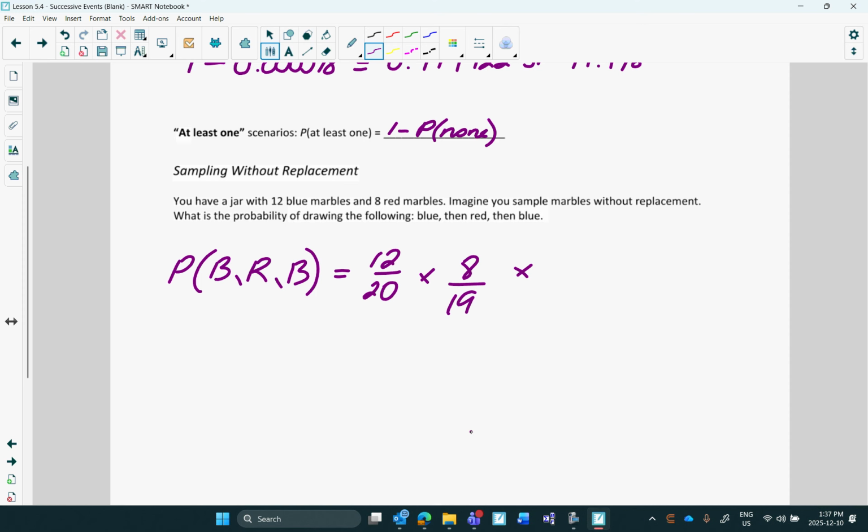What's the probability of blue? 11 over 18. And then you would simply multiply those together, and you would get an answer of approximately 0.154. Or again, if you want to say it as a percent, you don't have to, 15.4%.